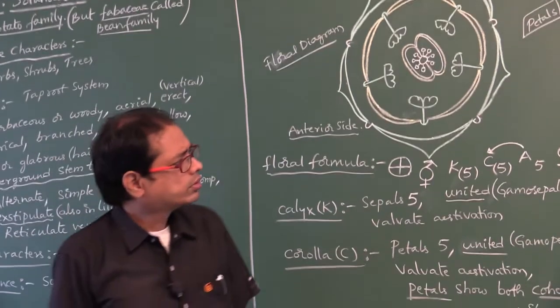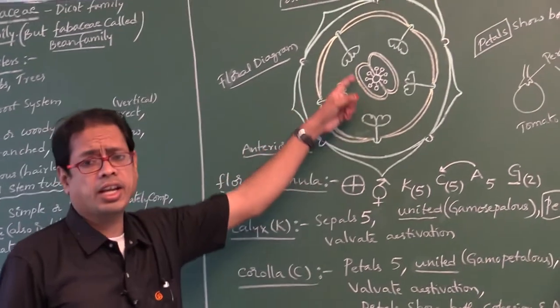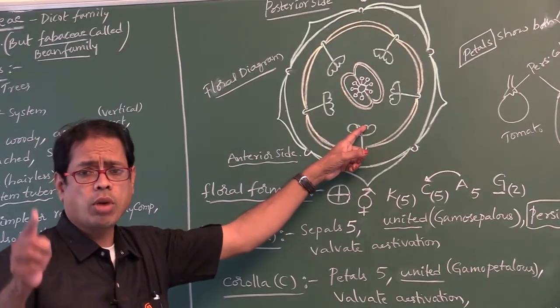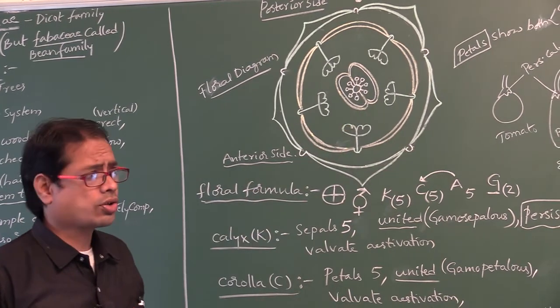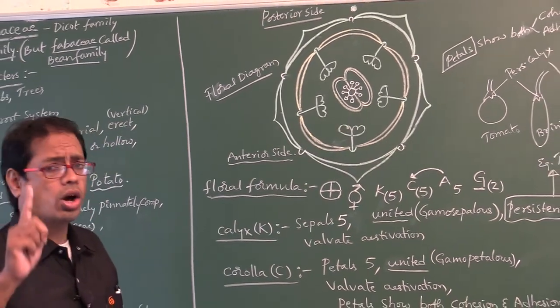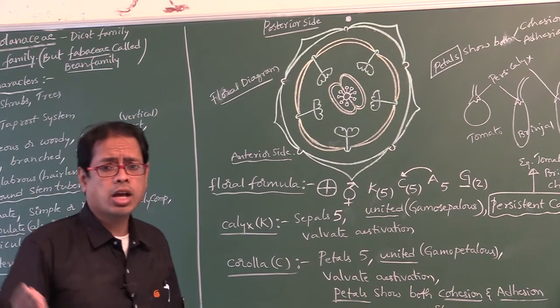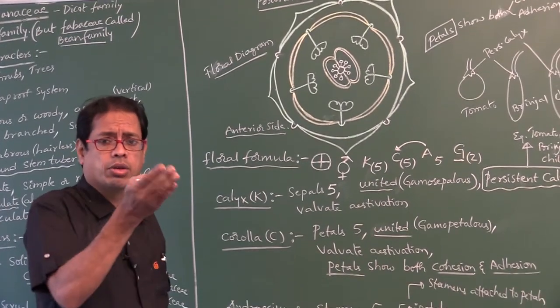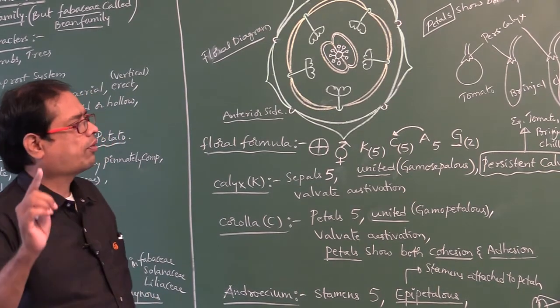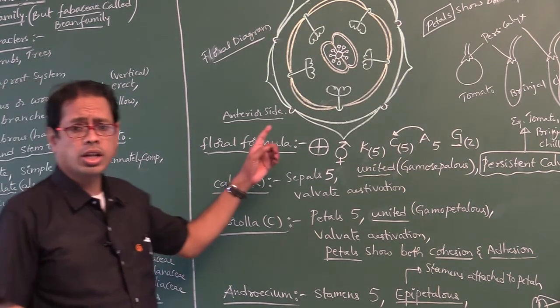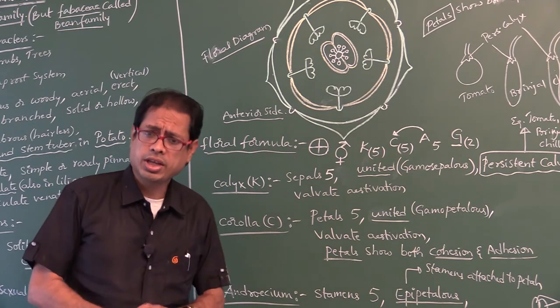Next, the ovary is obliquely arranged at an angle of 45 degrees. This is so-called torsion or tilting. Anterior carpel tilts to the left side, posterior carpel tilts to the right side at an angle of 45 degrees. Generally, Solanaceae is a dicot, no?